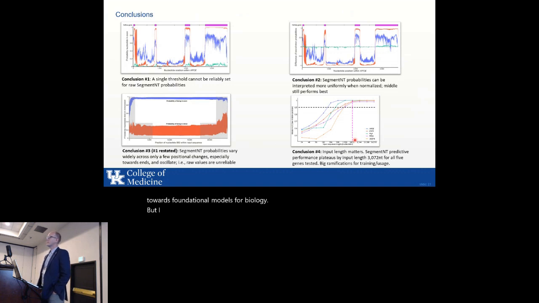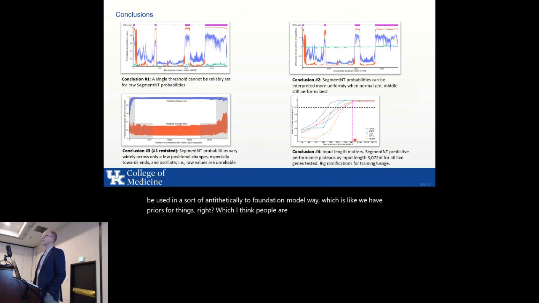But I also think here you produce a pretty probabilistic stance that could be used antithetically to the foundation model way, which is like we have priors for things, which I think people are trying to get away from. So from your perspective, as someone who sees the direction of foundation modeling for biology, but is also coming back and investigating things from a more probabilistic standpoint, how do you reconcile these things?